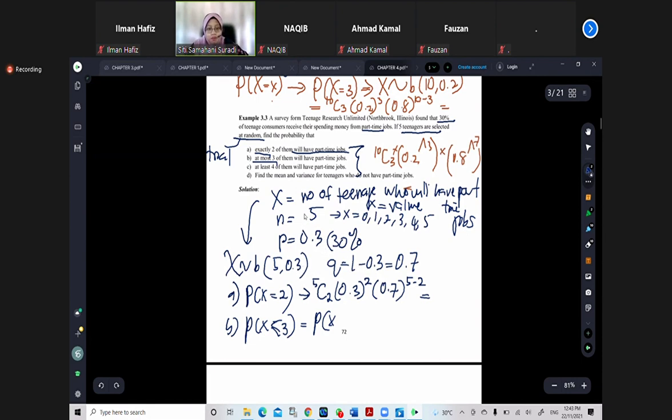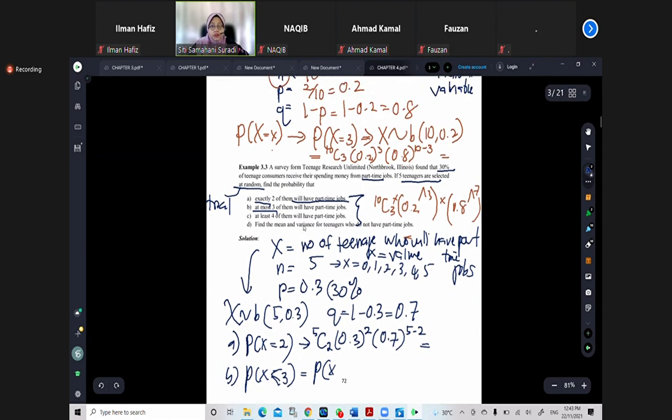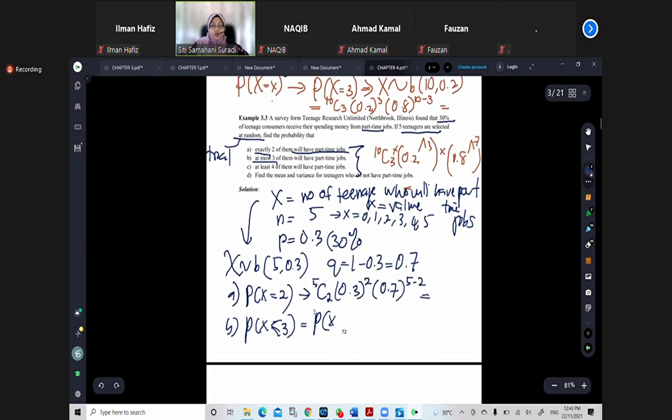Okay. So meaning P, X equal to 0 plus P, X equal to 1. This is the same way how you determine how to answer for the probability distribution function in the discrete random variable in chapter 3.